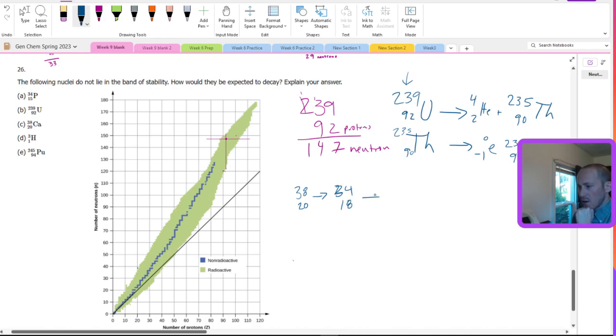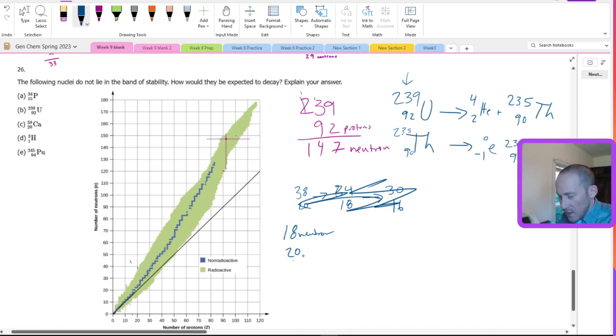We lost another alpha particle, we'd be at 30 and 16. This is starting to get more reasonable because now we're at 16s like here. Oh, I'm sorry, I super messed that up earlier because that would actually be 18 neutrons. So sorry, forget my logic there. It wasn't way up here. I was being a silly person who's at the end of a stream and got incorrect for a sec.